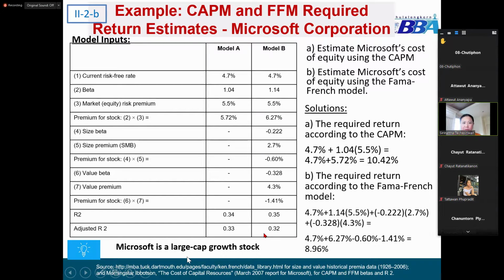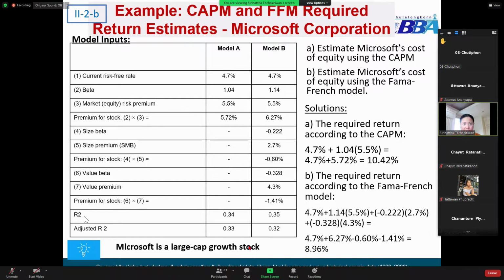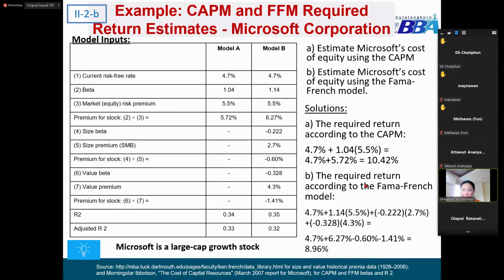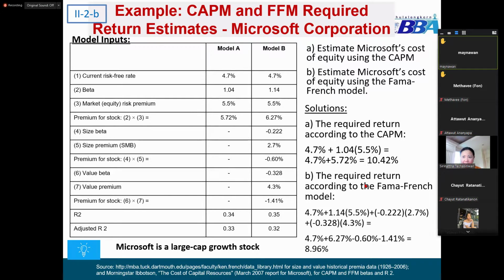So if we want to determine whether the company is above or below average market beta, what beta do we look at? What number in here? Is it number 2? Right, number 2. So we look at this number to determine whether the company is above or below average market risk.